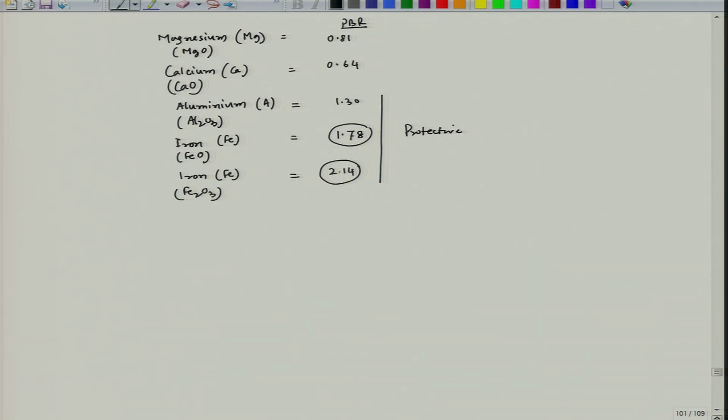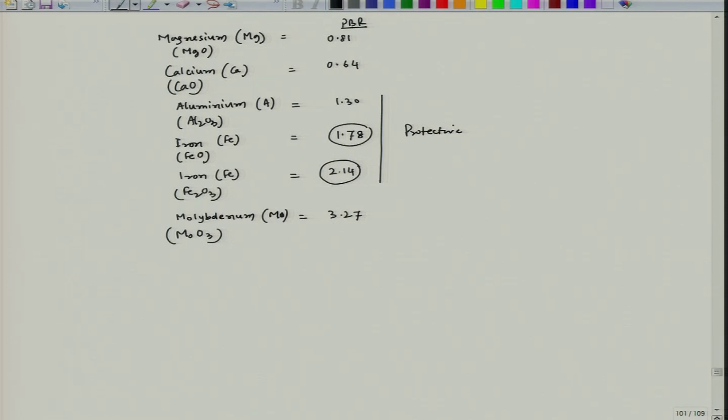Then we have some oxides with much higher values, for example, molybdenum, where the oxide is MoO3, its PBr is 3.27.